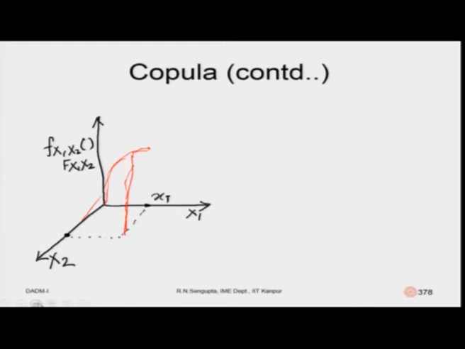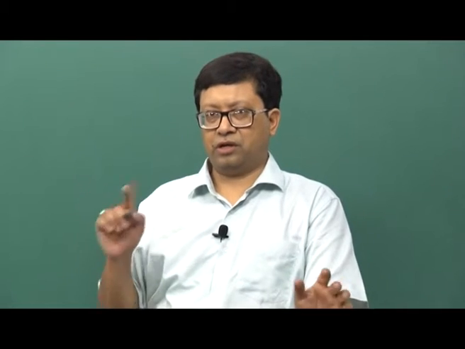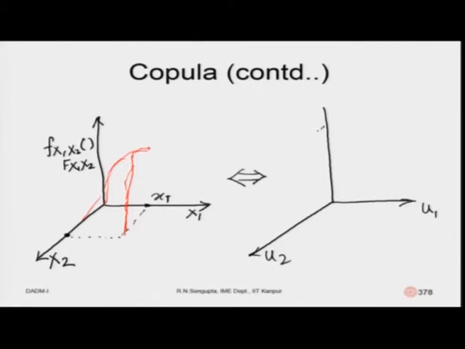So, now what we do is this has to be mapped. Now, I have the discrete case, this is u 1, u 2. Now, in the continuous case where u 1 u 2 are between 0 and 1, it will be a cube of dimension 1 cross 1 cross 1, maximum value 1. I am just drawing the cube first.